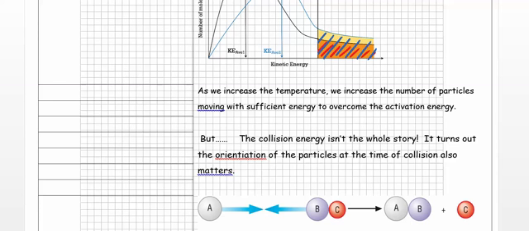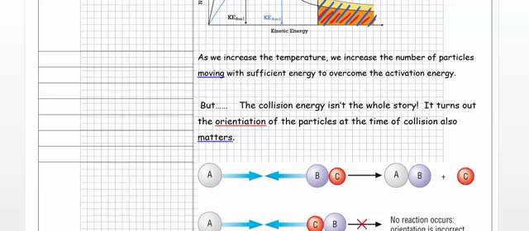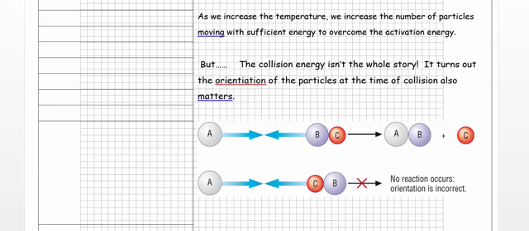But it's not the whole story, because as it turns out, even if you consider those particles that have sufficient energy, kinetic energy I should say, to have a successful collision, only a small fraction of those actually result in a successful collision. So what else is going on here? Well, let's take a look at this diagram here.